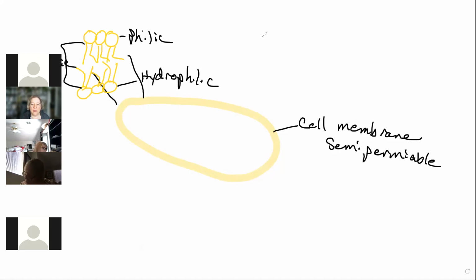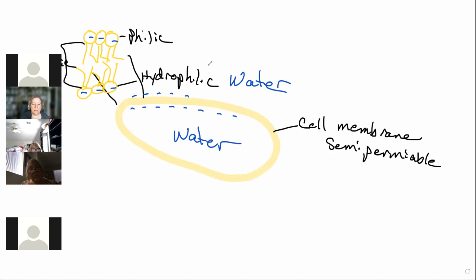There is water on the outside of a cell, and there is water on the inside of a cell. So these hydrophilic heads have a negative charge, which means that they can interact with water. So I've got a negative charge all the way around here and all the way around here, but there is no charge in the center.